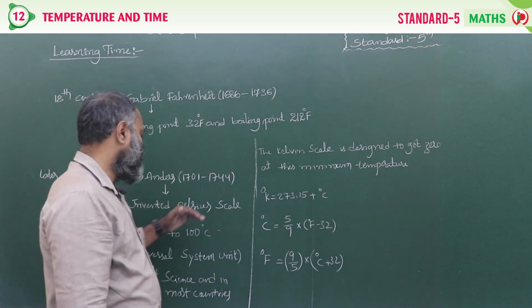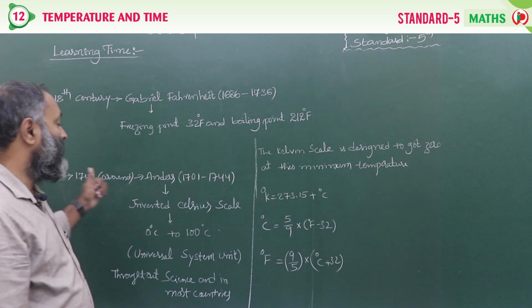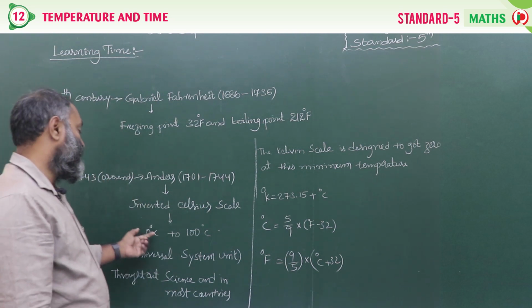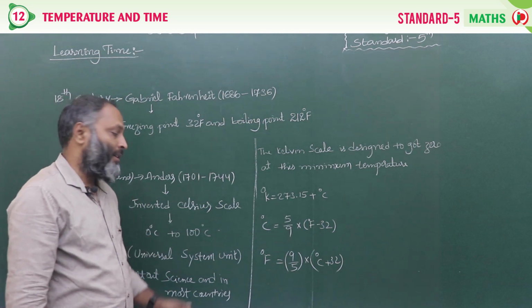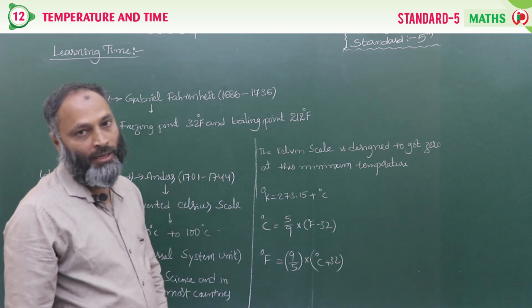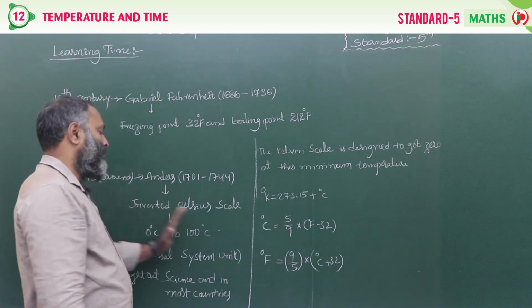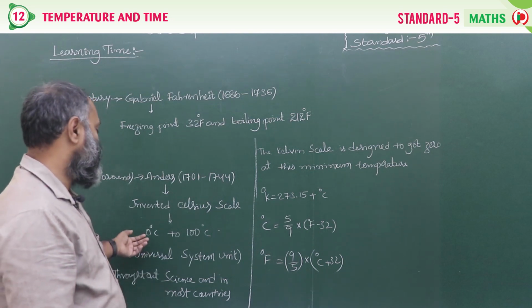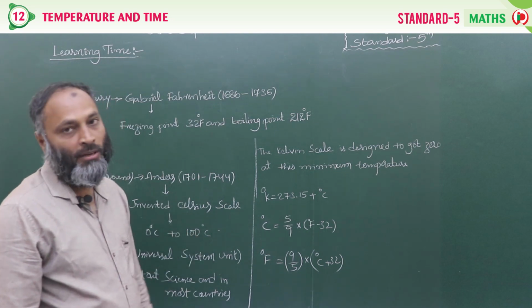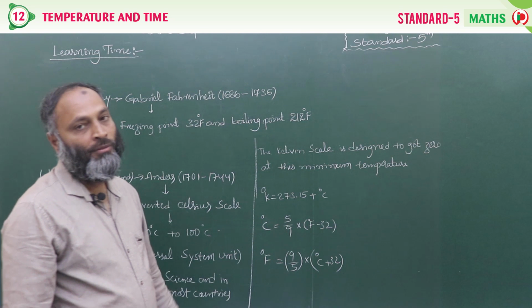According to the Celsius scale, the freezing point of water is 0 degrees Celsius and the boiling point of water is 100 degrees Celsius. These are the minimum and maximum in this scale, on the basis of water.